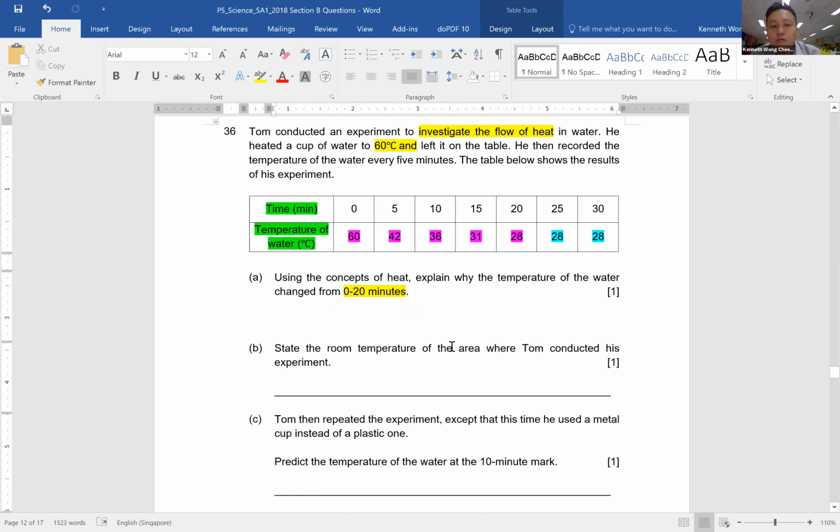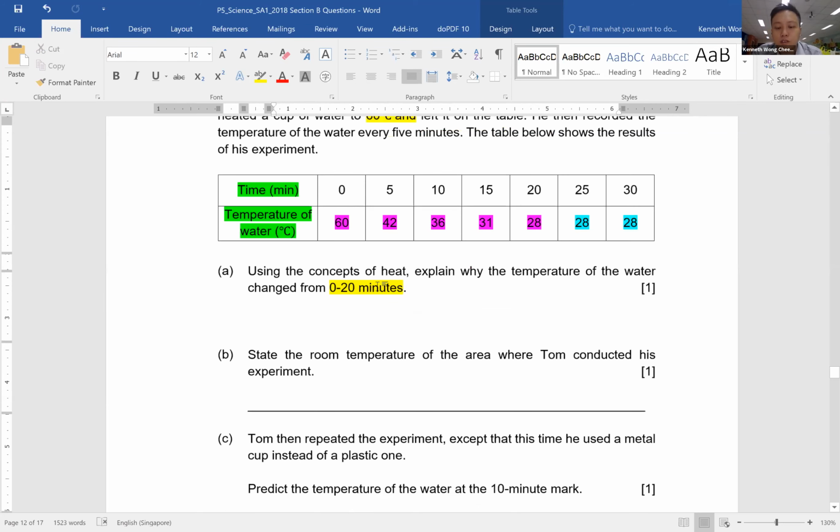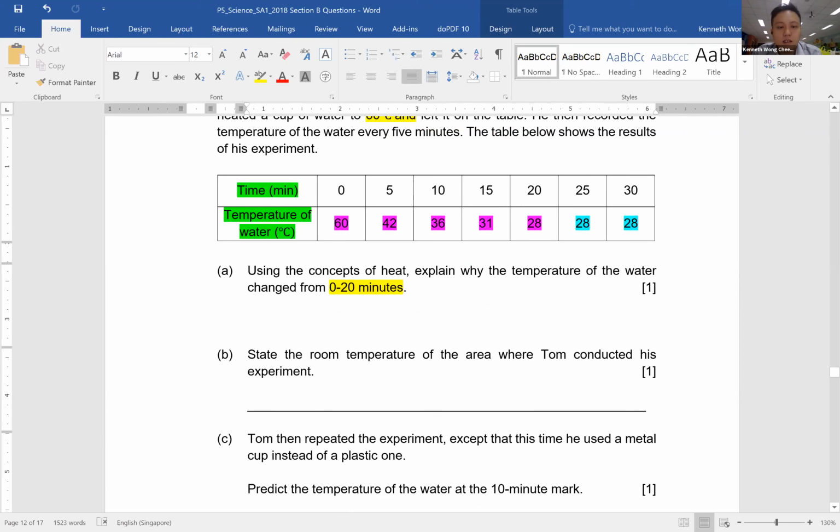First thing, what do you think you need to add in? Let's look at the numbers in purple. First of all, of course, you have to describe the change. Correct? Okay. So why did the temperature of the water decrease? Actually, this is a very simple question. Heat was lost. Using the concepts of heat, the question really asks you to use the concepts of heat.